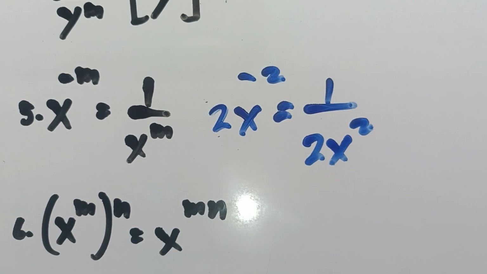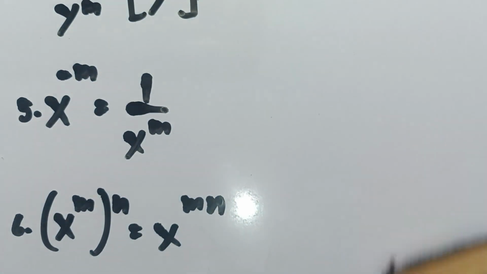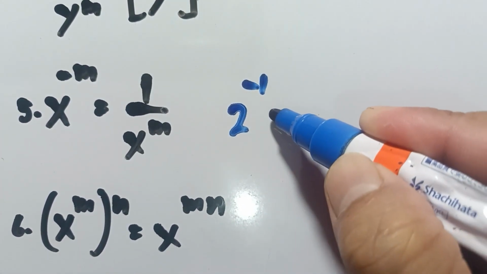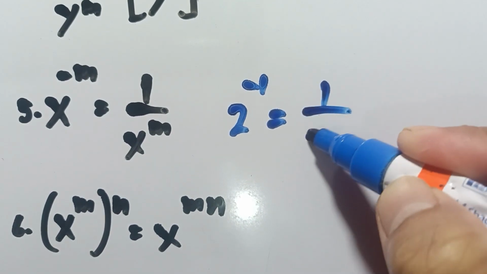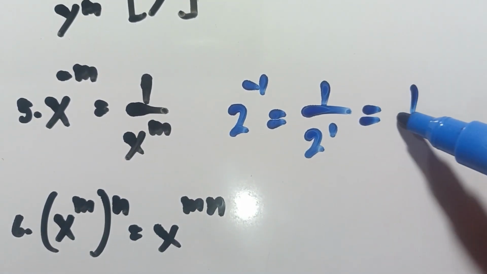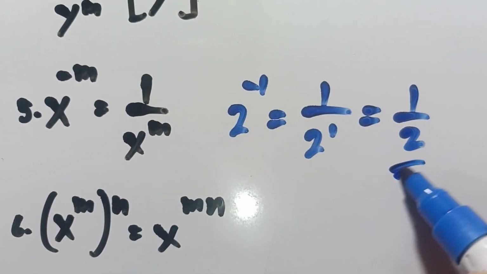So that is an algebraic expression, and this is the answer. And for an example of a whole number, 2 to the power negative 1 equals 1 over 2 to the power 1, or any number raised to the power 1 equals the number, so 1 over 2. Okay, and this is our answer.